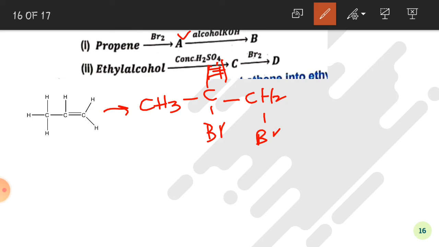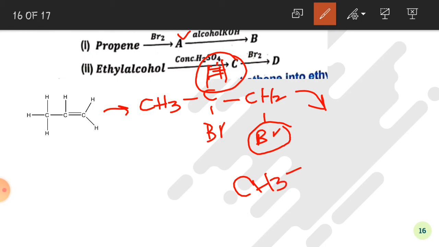When dehydrohalogenation occurs, then hydrogen and bromine atoms will be removed from this chemical substance, and at the end we will get an alkene. So let's suppose we are taking hydrogen and bromine, and when these two are removed, then there will be the introduction of a double bond between these two carbon atoms. We will get a compound like this. So by looking at the reagents, you may recall what kind of chemical reaction is taking place here.